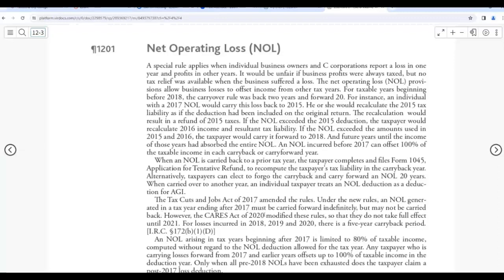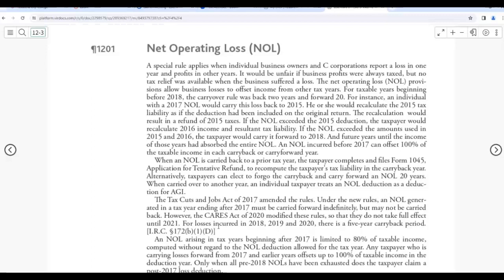However, the CARES Act of 2020 modified these rules so that they do not take full effect until 2021. So it gets more complicated. For losses incurred in 2018, 2019, and 2020, there is a 5-year carryback period.